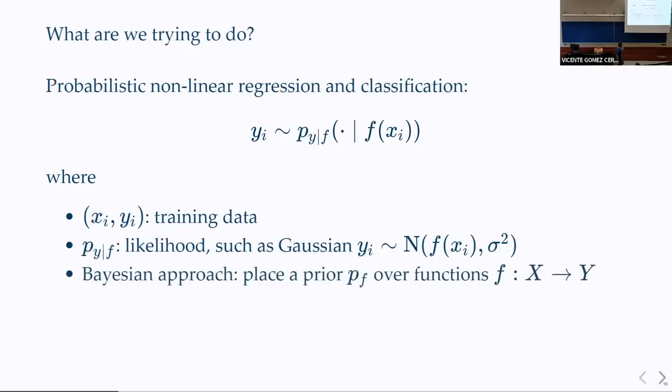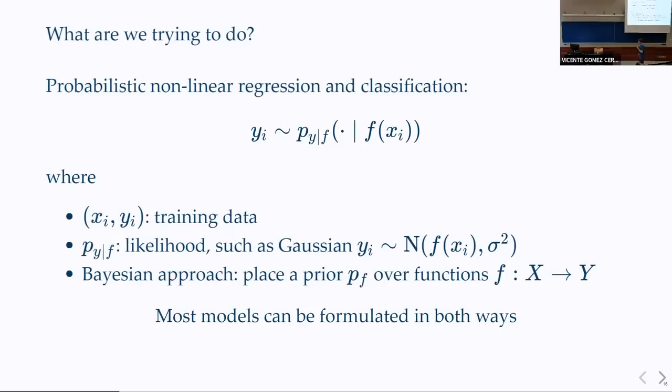But in particular, you could take a Bayesian approach, which is to say, this is a conditional distribution, and if I pair it with a prior P of f over a space of functions from x to y, then I get a joint distribution over functions and data. Therefore, I can compute the conditional distribution of my function given the data that I've seen. That gives the Bayesian way of understanding regression and classification.